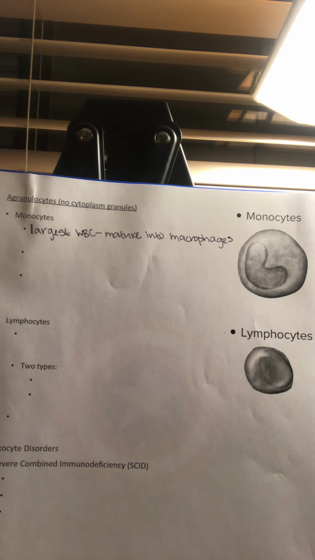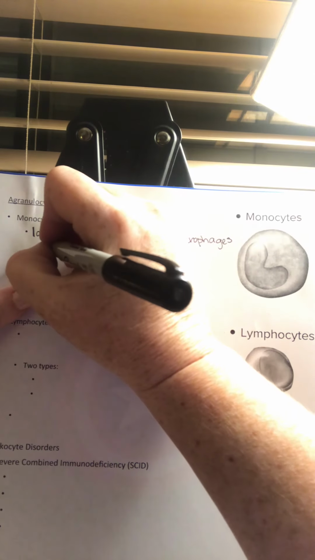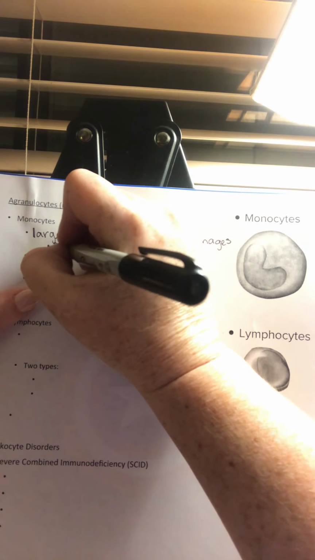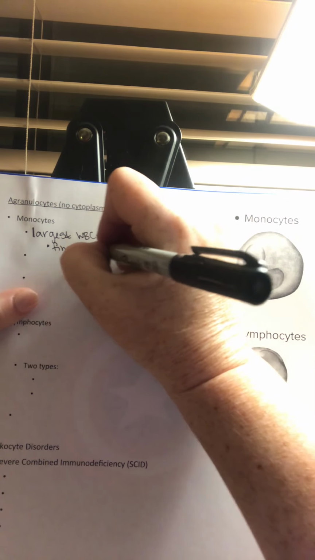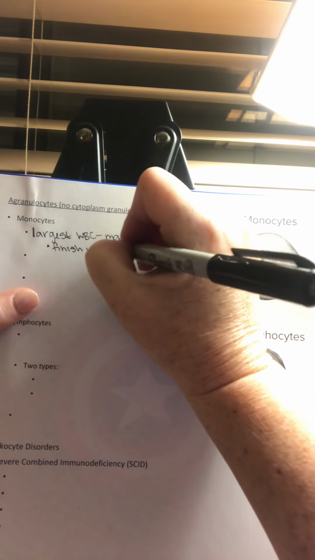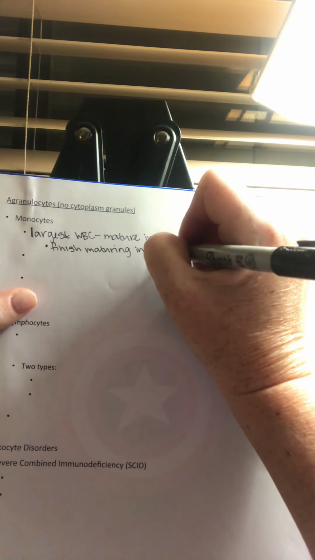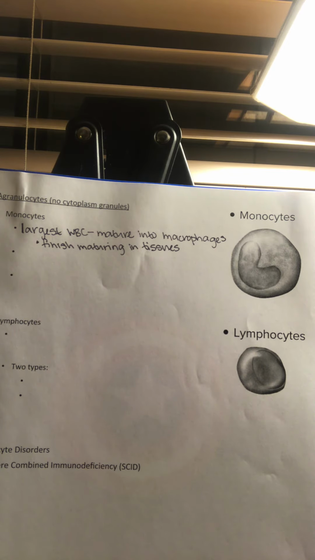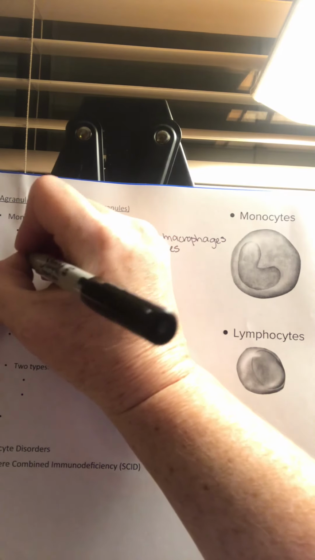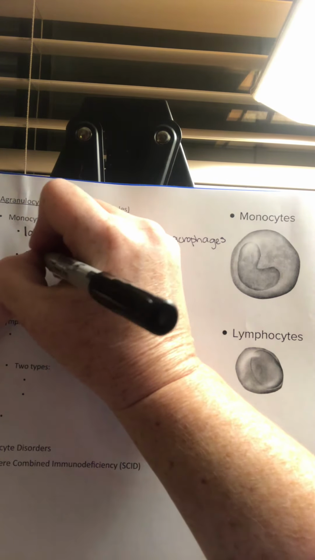That's when they finish this maturation process. And this is important too because white blood cells often have different locations for where they reach maturity. It's not always in the marrow. Okay, so again, these guys are going to destroy pathogens through phagocytosis, through eating them.